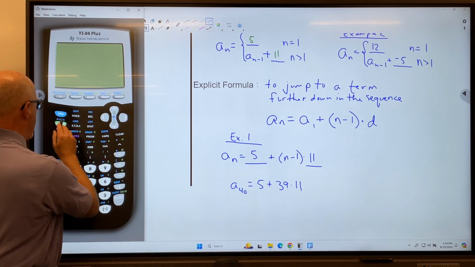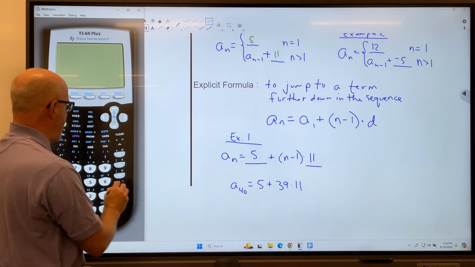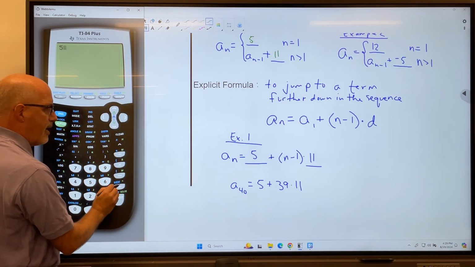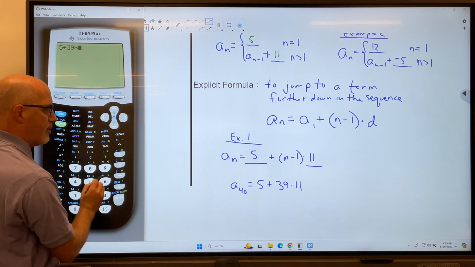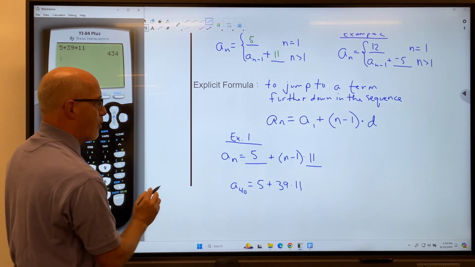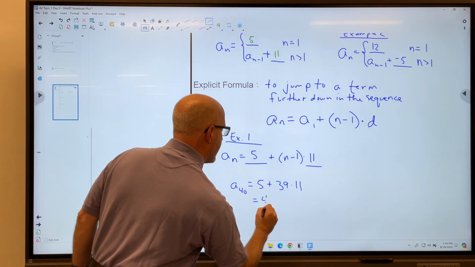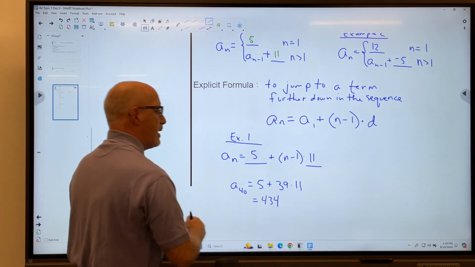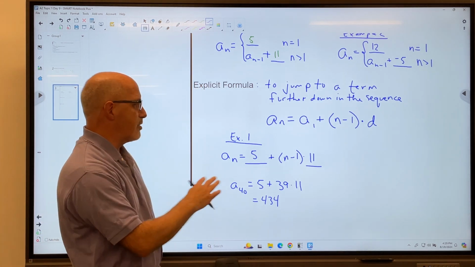Okay, so let's turn this on here. We're going to clear this off. And so we're going to take 5 plus 39 times 11. And we get an answer of 434. The nice way to jump to that 40th term is to just use this formula.